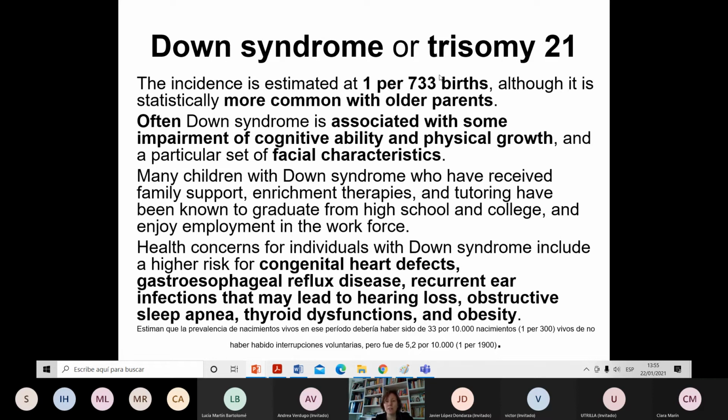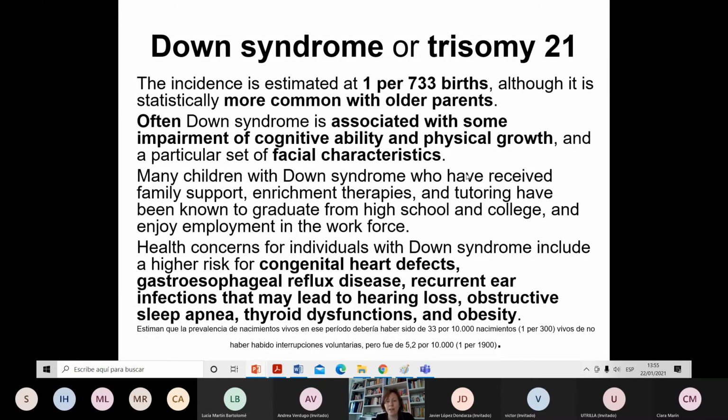When I did this presentation several years ago, it was 1 out of 700 births. The rate gets more common, so it could be 1 out of 500, so a lower number, so it gets more common when the parents are older.